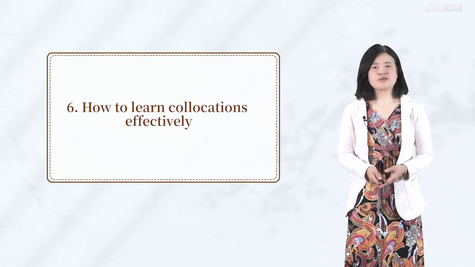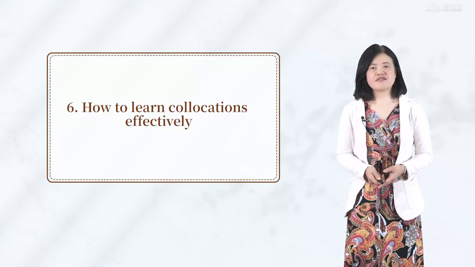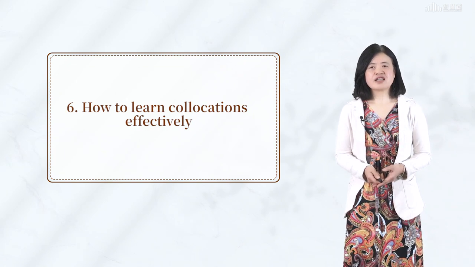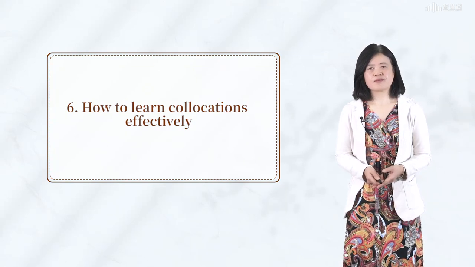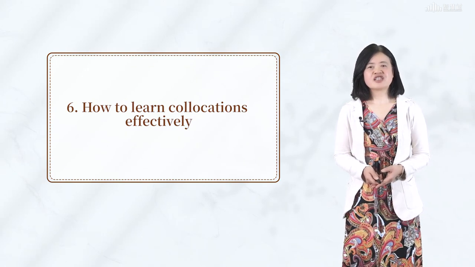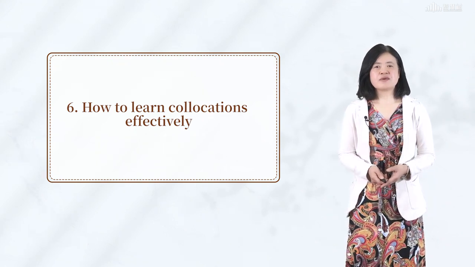Next, let's look at some of the ways that can help us learn collocations effectively. As we have learned, it is very important for English learners to familiarize themselves with different kinds of collocations. Unfortunately, there is no easy way to learn collocations.